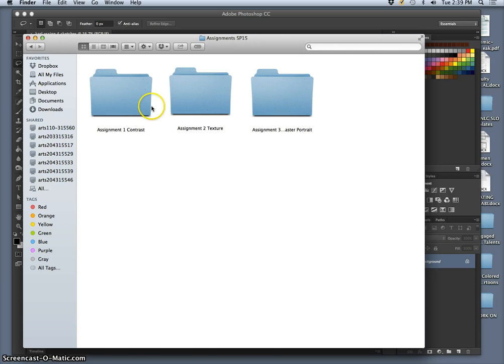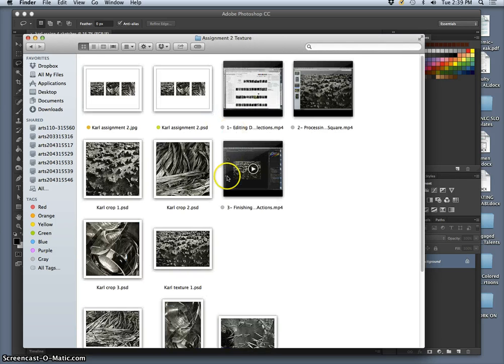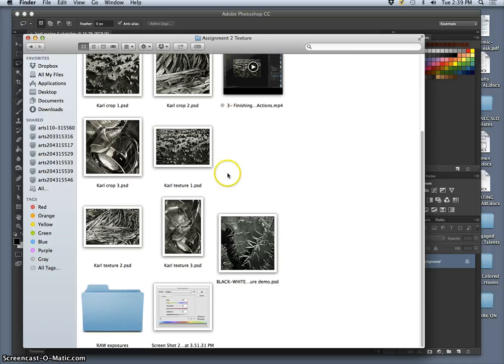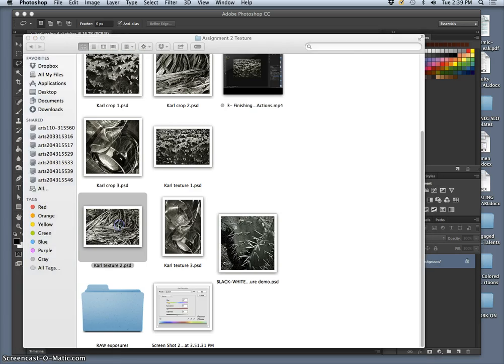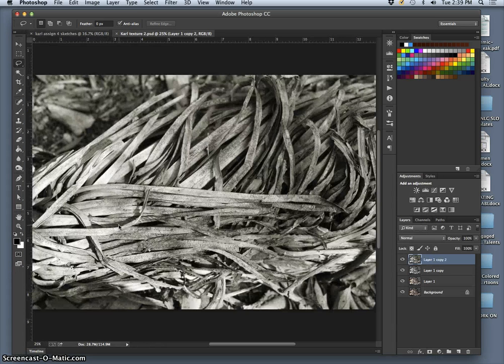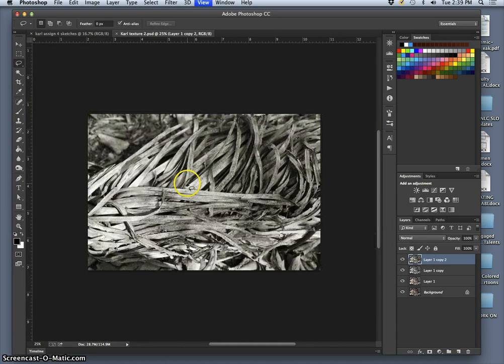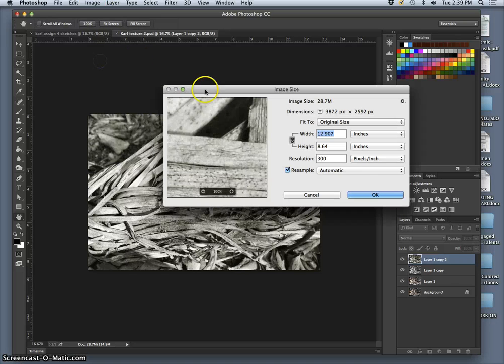So take maybe one of my texture exposures, like this. What I need to be informed by is what the exact dimensions of my picture plane are. So, what is 8.6 by 12.9? What does that look like?